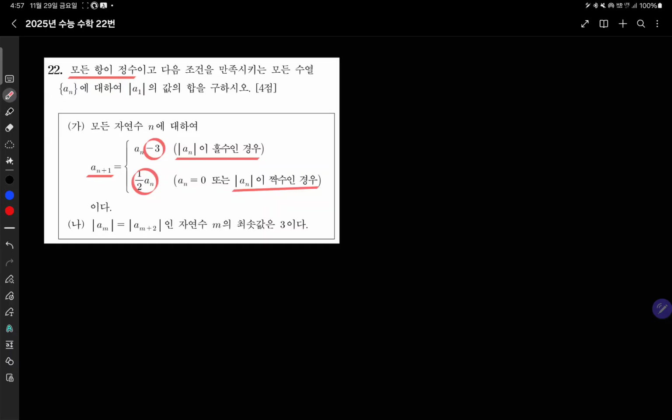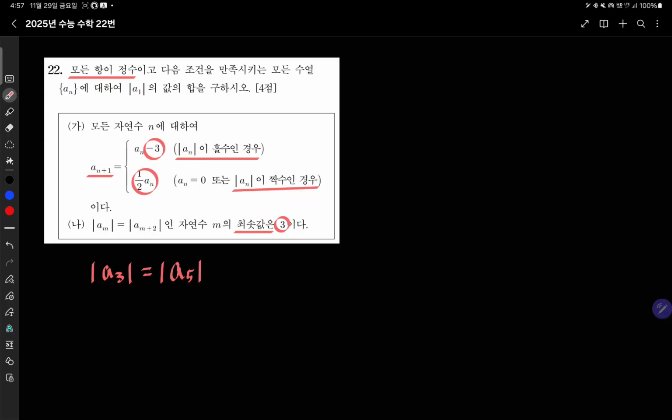And the absolute value of the third term is equal to the absolute value of the fifth term. And 3 is the minimum value.